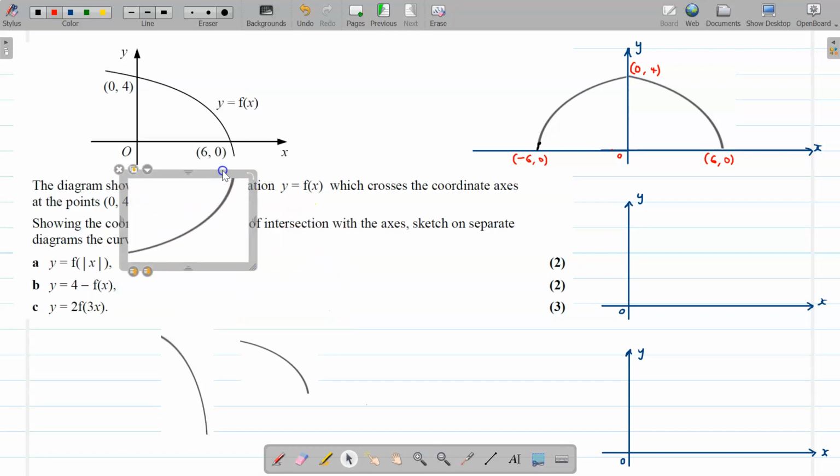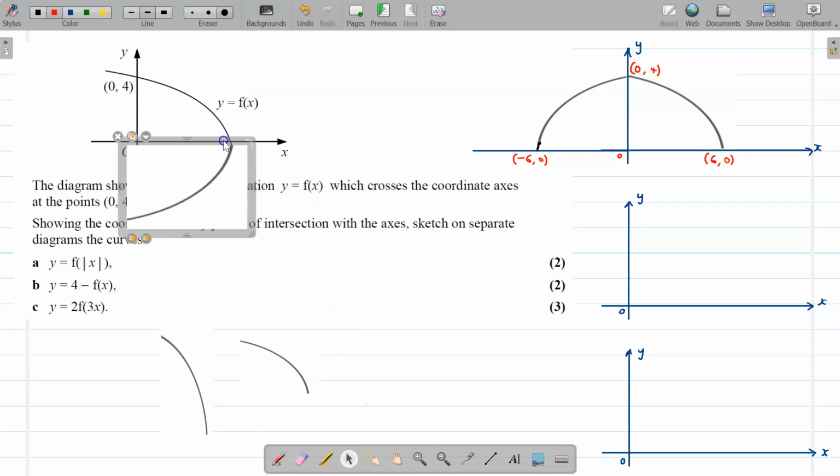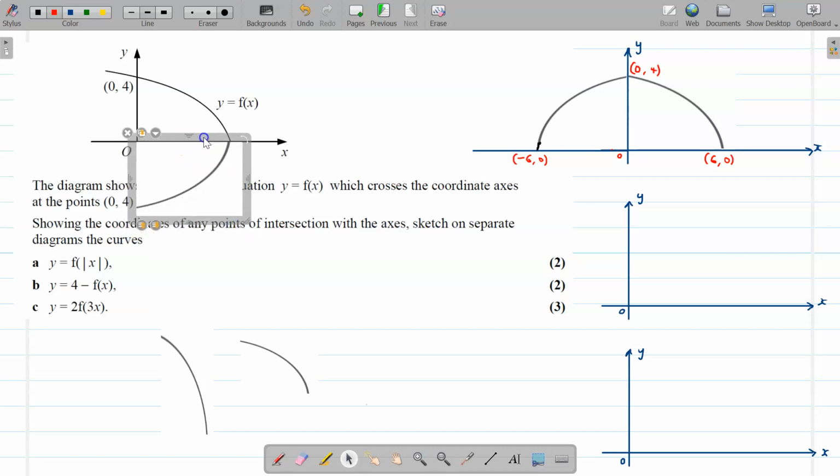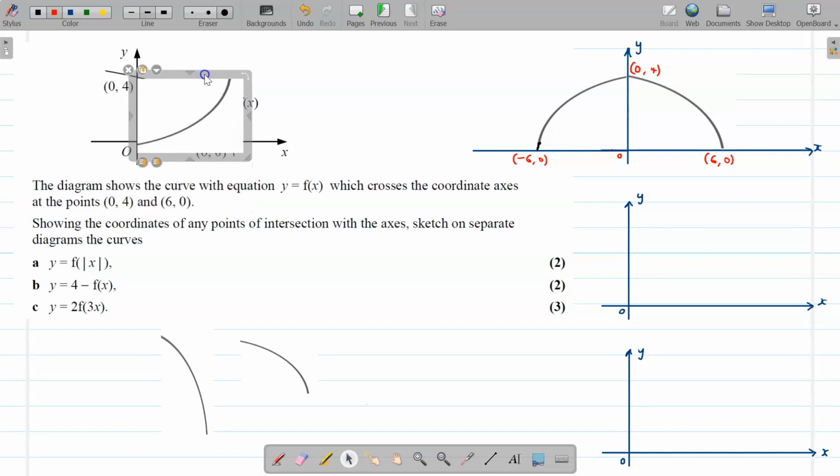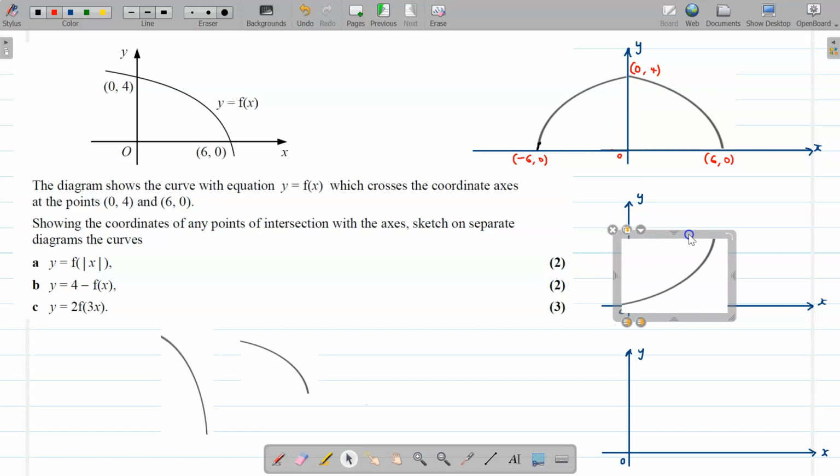Okay, so it's going to basically be sitting under there initially with the reflection in the x-axis. Okay, but then I'm going to slide it up 4 places, so it's going to be like that. Okay, so let's put it in position here, and it's there like that, slightly over there.